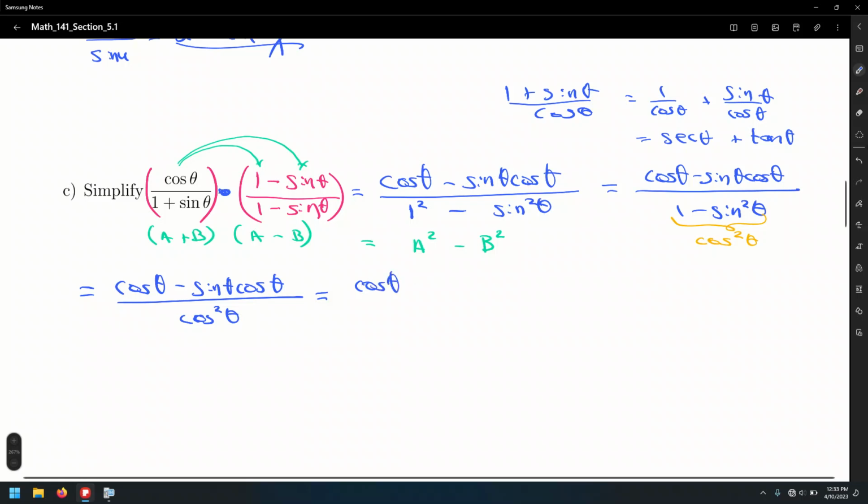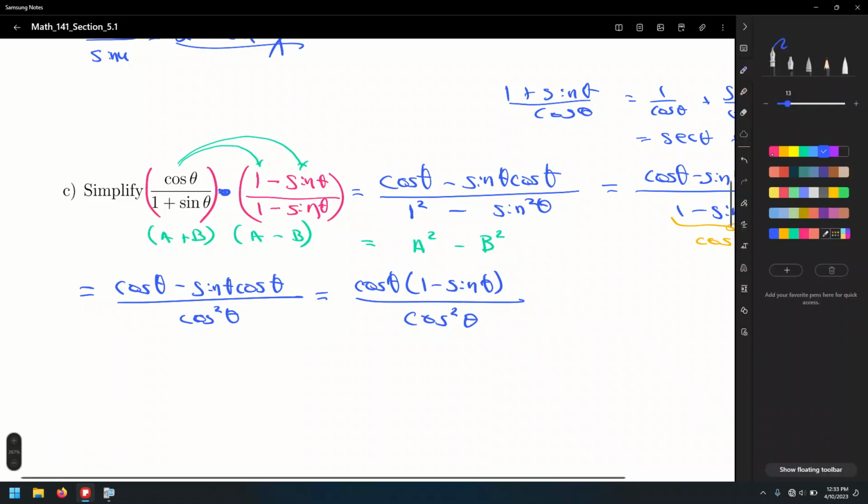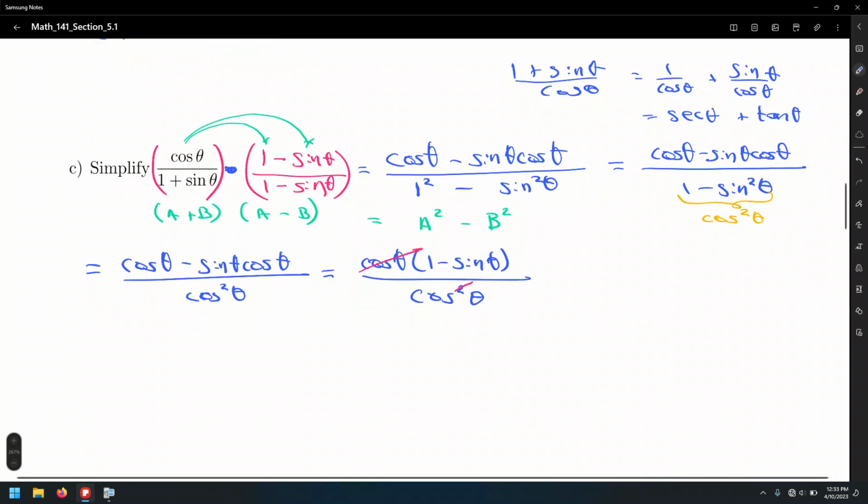Cosine theta times 1 minus sine theta, divided by cosine squared theta. See how we can divide out 1 power of cosine. The 1 in the numerator cancels with 1 of the 2 powers of cosine from the denominator. And then from here we're left with 1 minus sine theta over cosine theta.